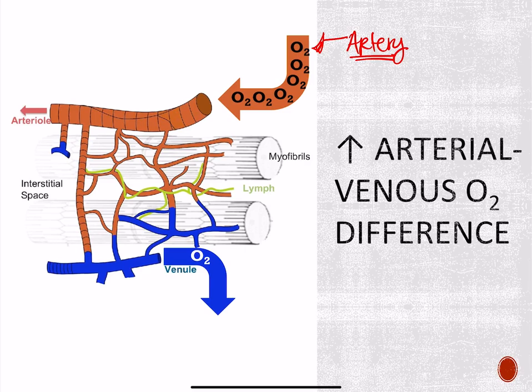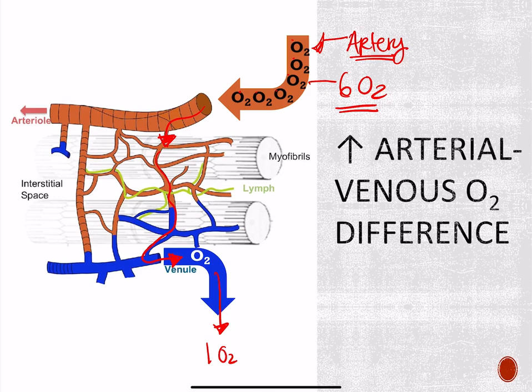So in this artery, we can see 1, 2, 3, 4, 5, 6 oxygen molecules, right? 6 oxygen molecules are being delivered into this capillary bed where they can diffuse out into the muscle if needed, or they can just go along for the ride and get pumped all the way back out on the venous side. So if we follow this blood, we're coming out here on the venous side, and the venous blood that's leaving only has 1 oxygen molecule.